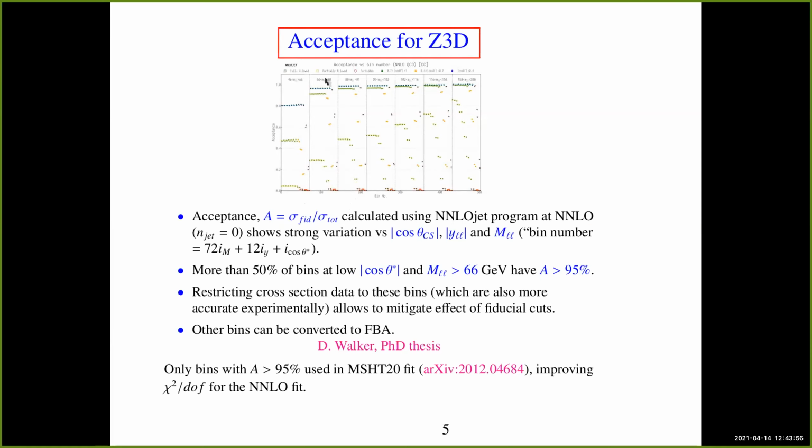It is above 95% for more than 50% of the bins, and exactly in these bins the measurement is most accurate. If you restrict your analysis to these bins, as was done by the recent MSHT fit, you can immediately see that the fit quality becomes quite acceptable, despite the fact that the accuracy of this data is extremely high, at the 0.5% level of uncertainties. Okay, so this is one approach.